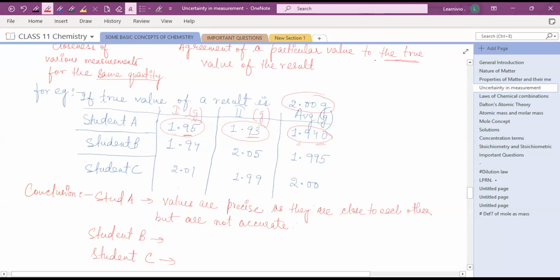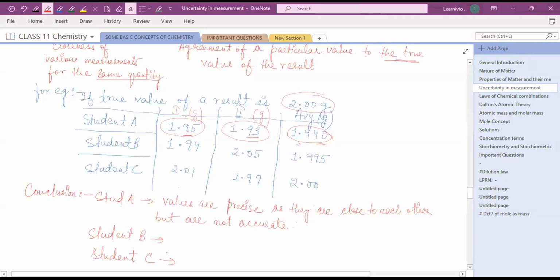Now see, 1.94 is not the same as the true value. So student A's readings are precise as they are close to each other, but they are not accurate.